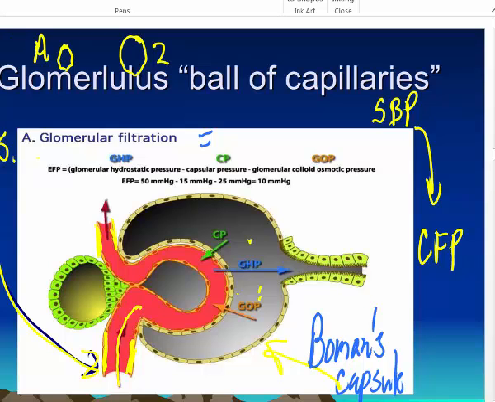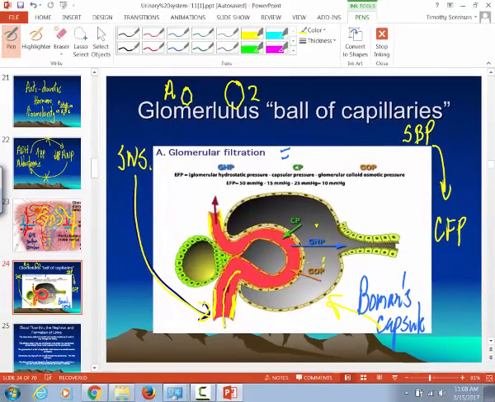So when you are bleeding, do you want to be making a lot of urine? No, you don't. So the sympathetic nervous system will take the afferent arteriole and it will constrict it.